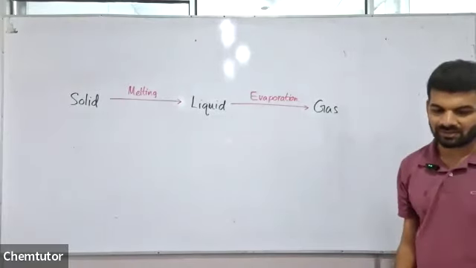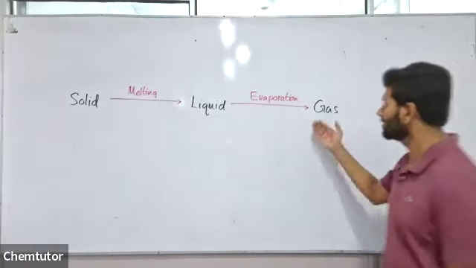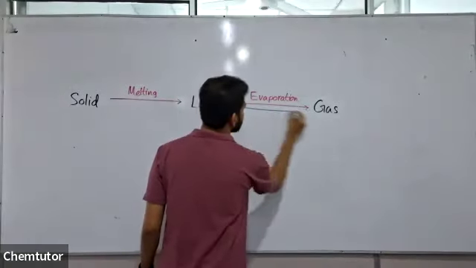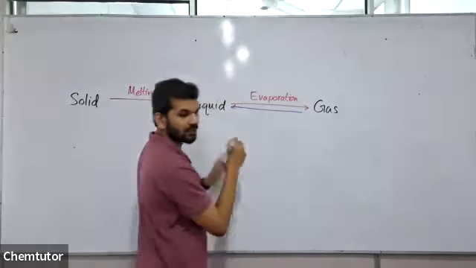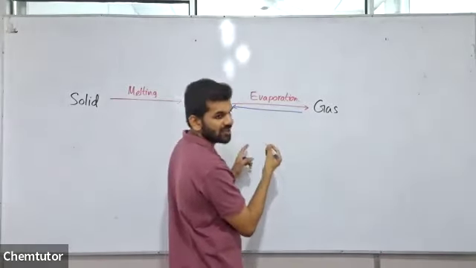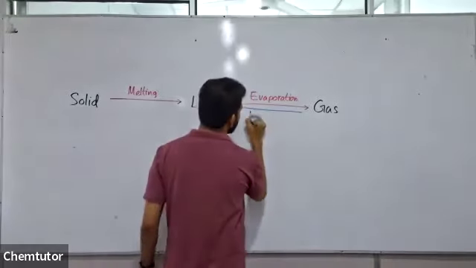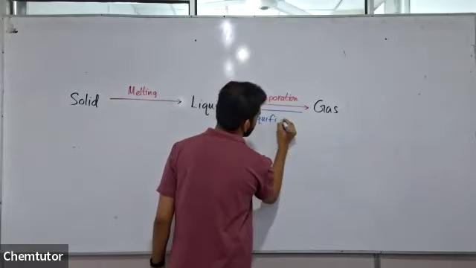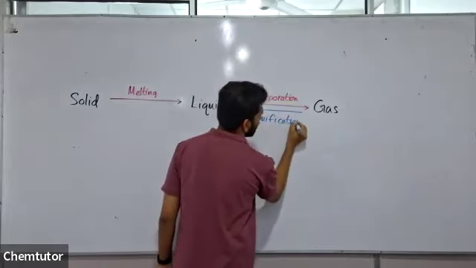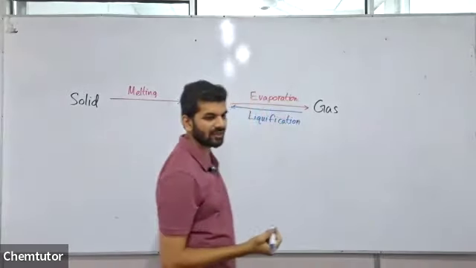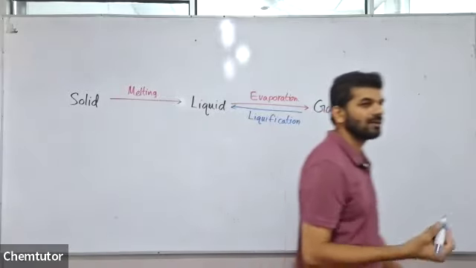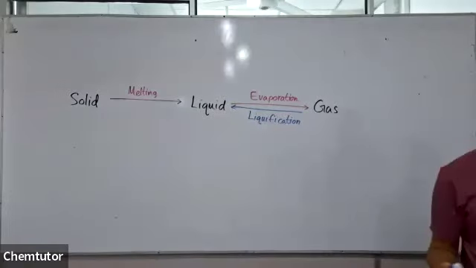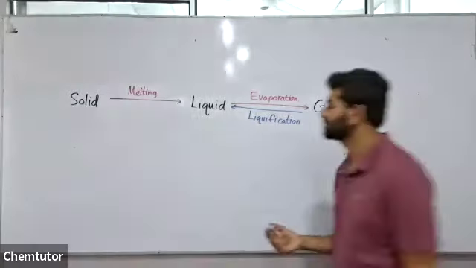Then the gases are condensed. Gases are converted into liquids in a process called liquefaction. They are condensed, so the process is called liquefaction. Then liquids are converted into solids in a process called solidification.